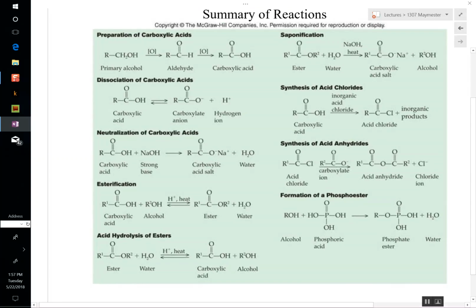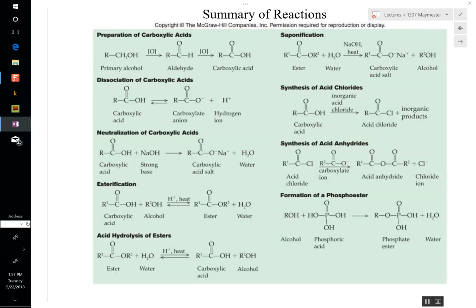There's a lot of reactions for one chapter. This is a very important summary right here. Let me see if there's any that we're going to cross out. Yes, there are. Pay attention. We're going to cross a couple of these out. Not many. Preparation of carboxylic acids. Primary alcohol.